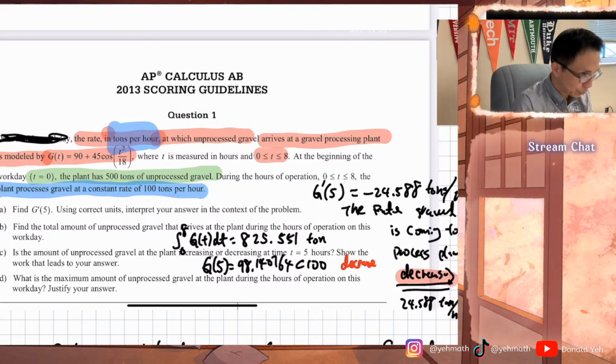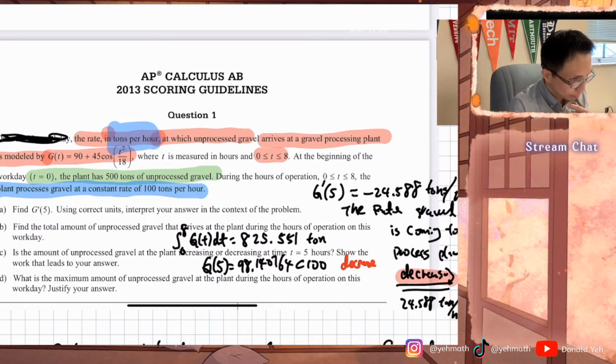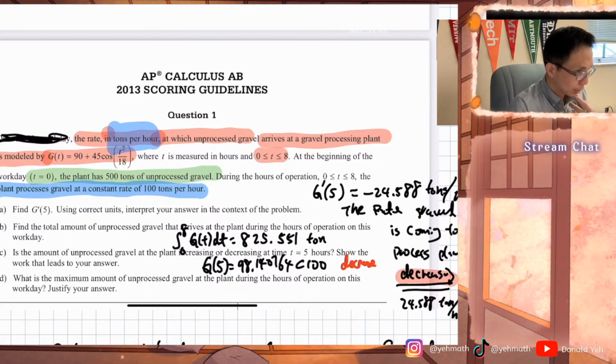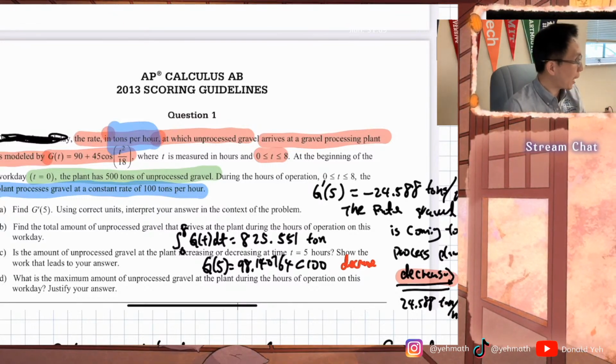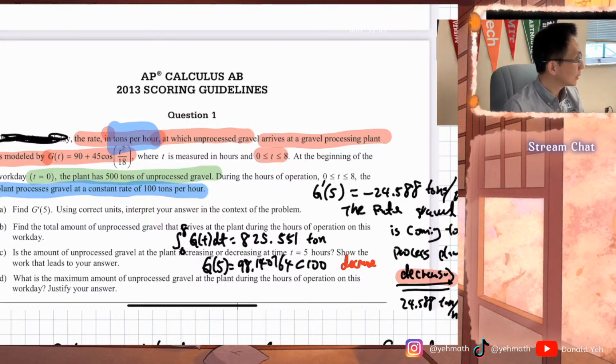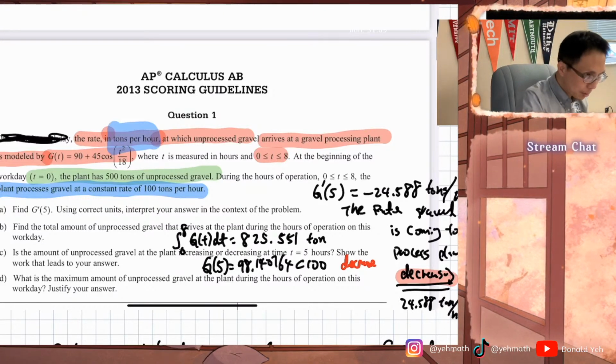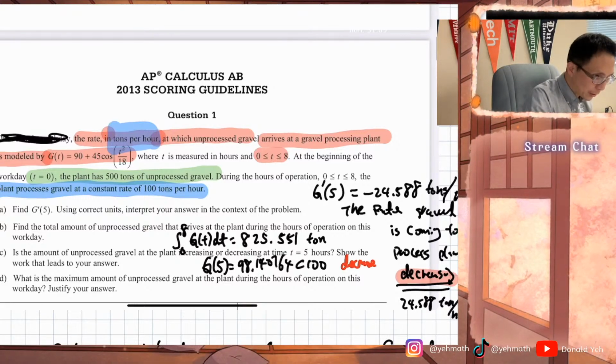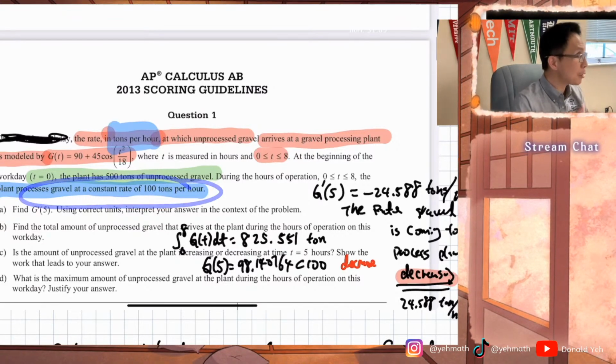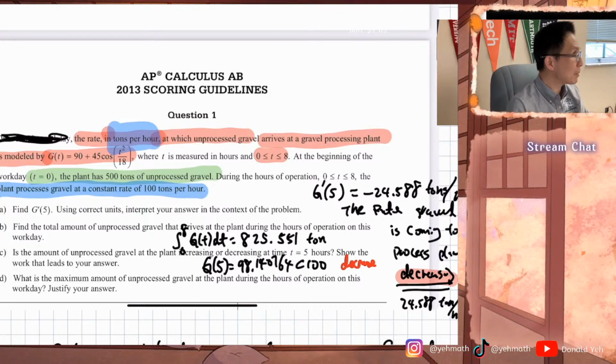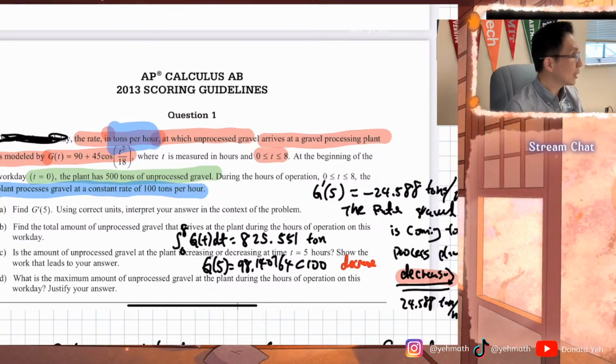At 5, whatever goes out is 100 per hour, but when it comes in at 98 per hour, guess what?